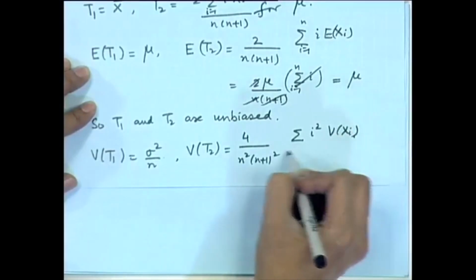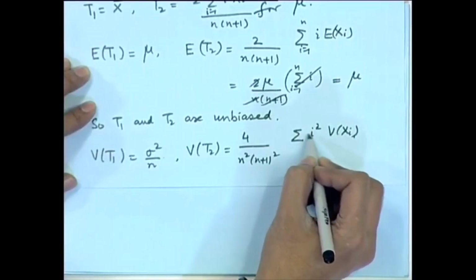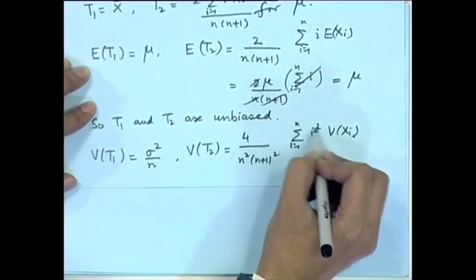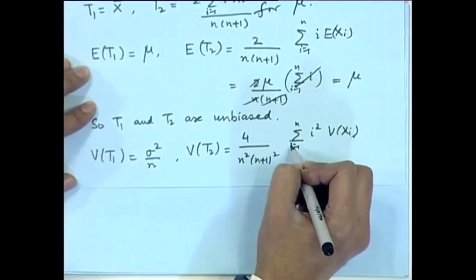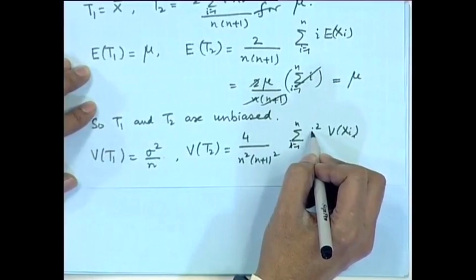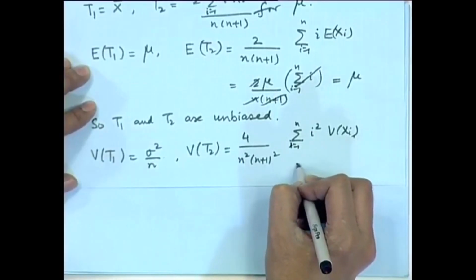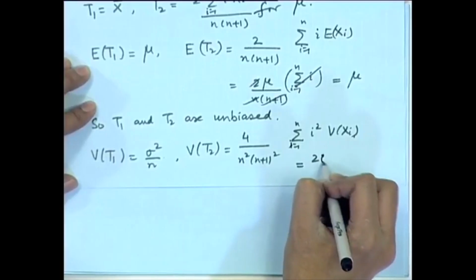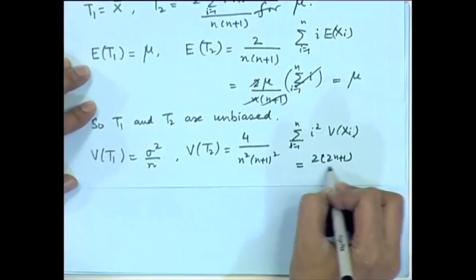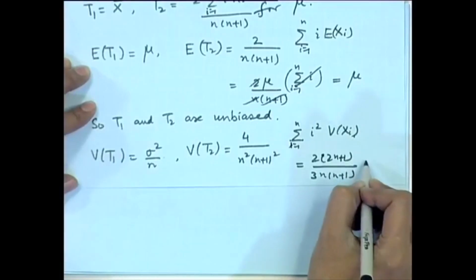Now, variance of x_i is sigma square, and this is the sum of i square from 1 to n, that is the sum of the squares of the first n integers, that is n into (n plus 1) into (2n plus 1) by 6. So, after simplification this quantity turns out to be 2 into (2n plus 1) divided by 3n into (n plus 1) sigma square.